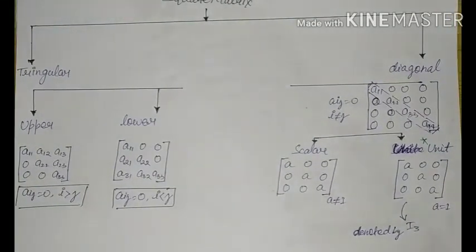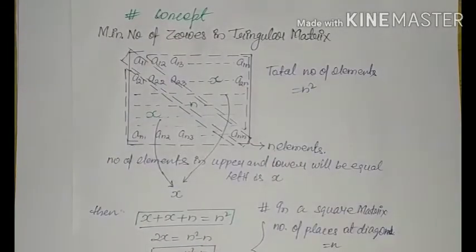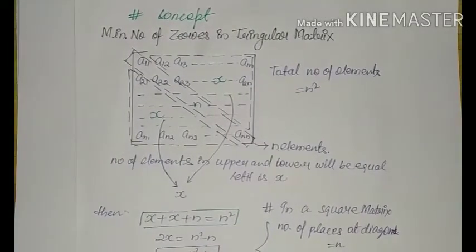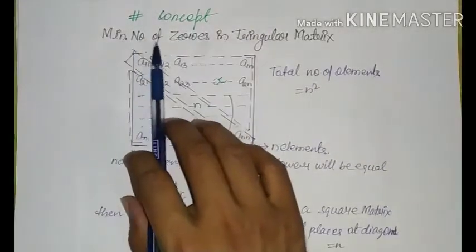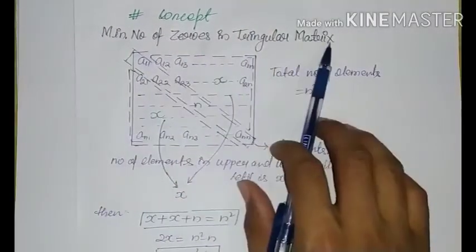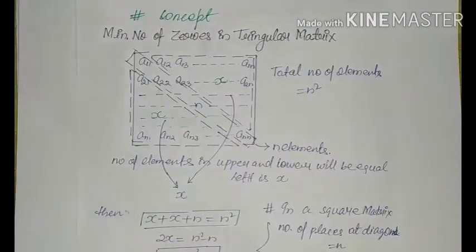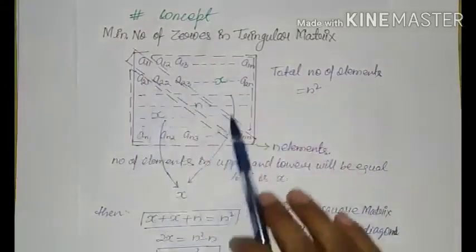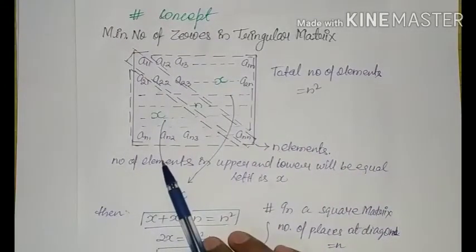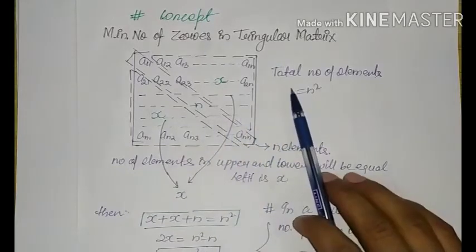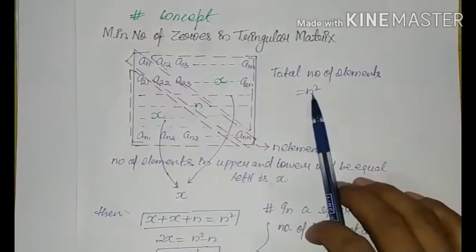Okay, this is also so helpful for you, so you should pause the video and note it down. And last one, I'm going to give you a concept: the minimum number of zeros in a triangular matrix. As we know, a triangular matrix should be a square matrix, and in a square matrix the total number of elements is n square.